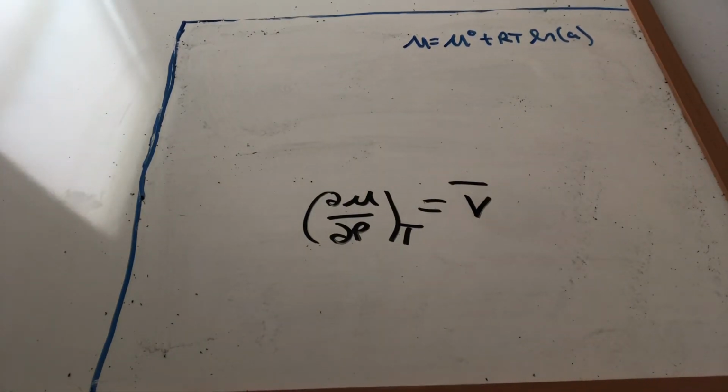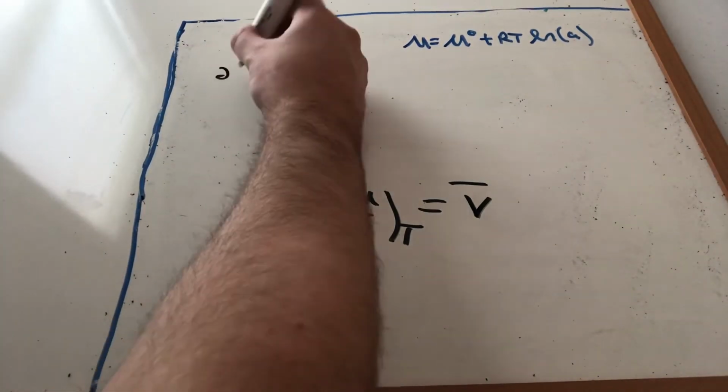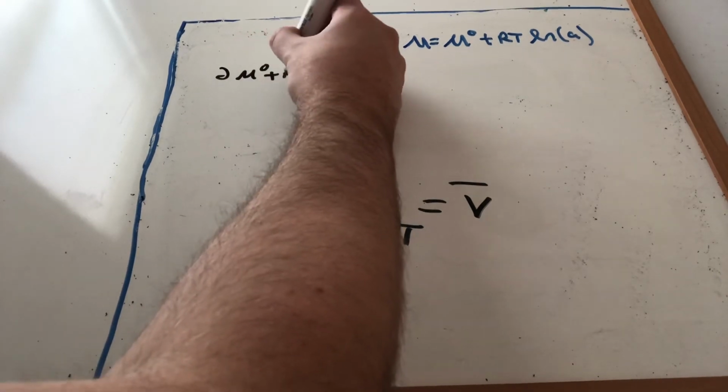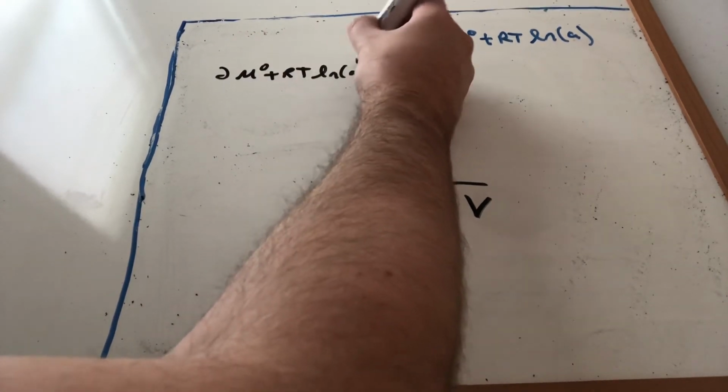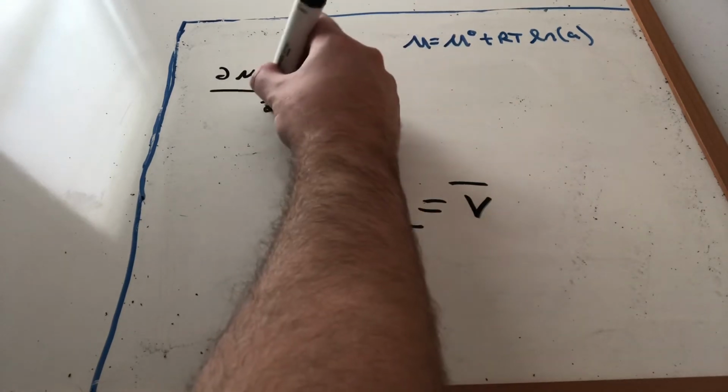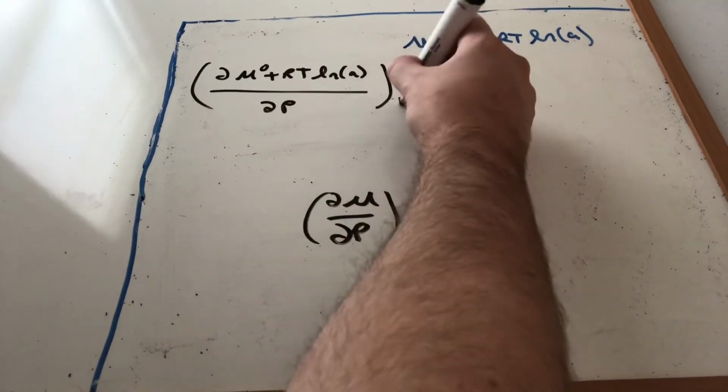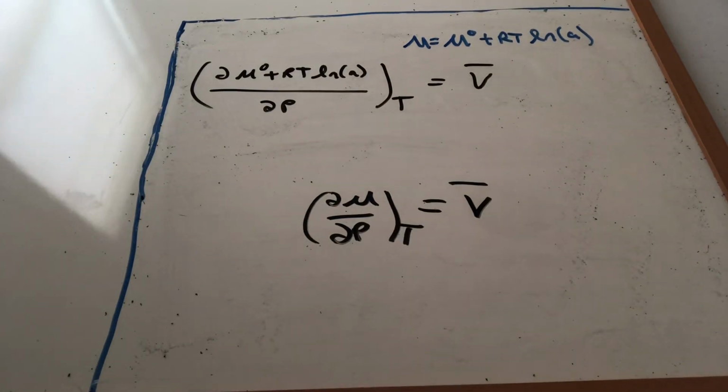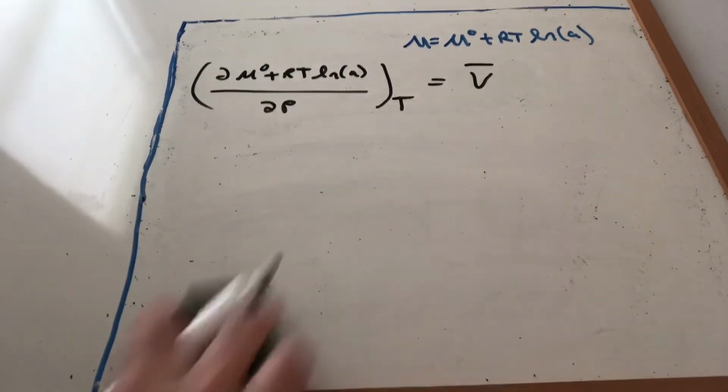As we do that substitution, we have d of mu naught plus RT natural log of A, dP, done at a constant T, equal to molar volume. Now on the left-hand side, we can do the derivative.